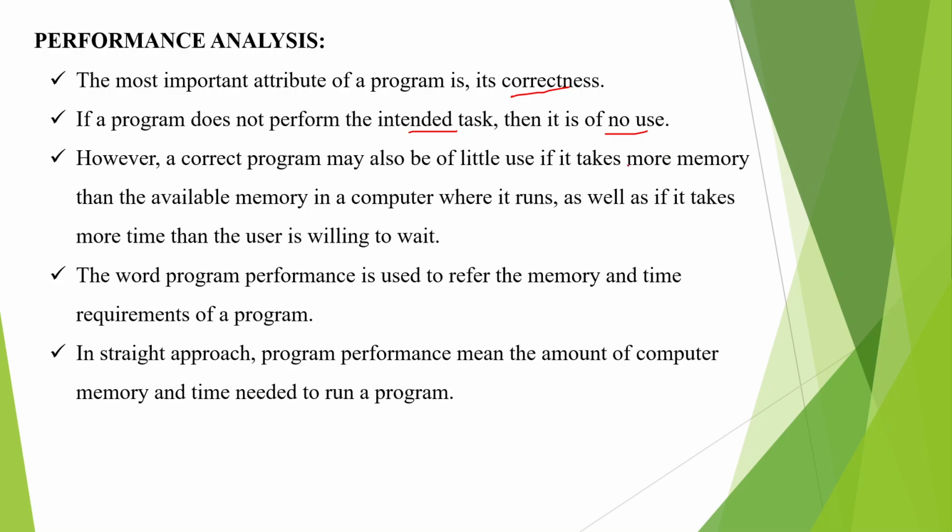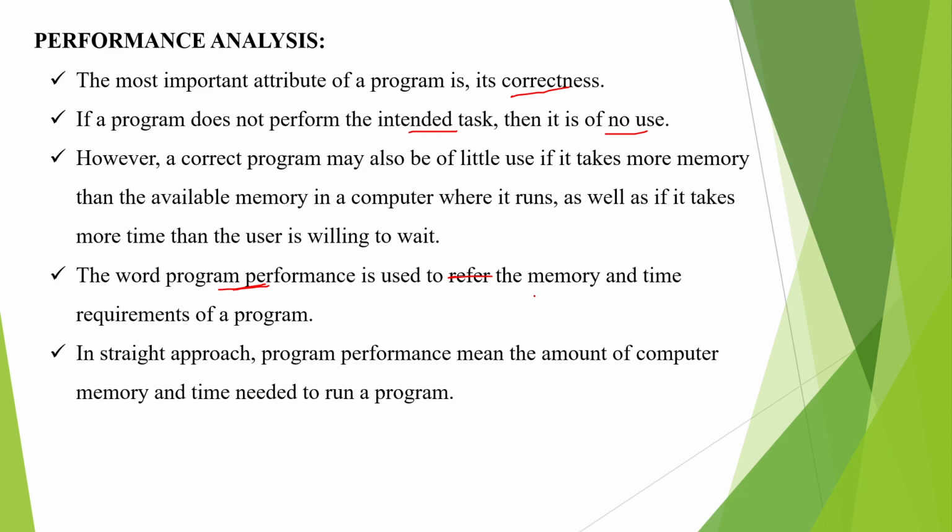So there comes the term performance of a program, or program performance. It refers to the memory and time requirement of a program. When we say performance analysis of a computer program, what parameters are we looking into?